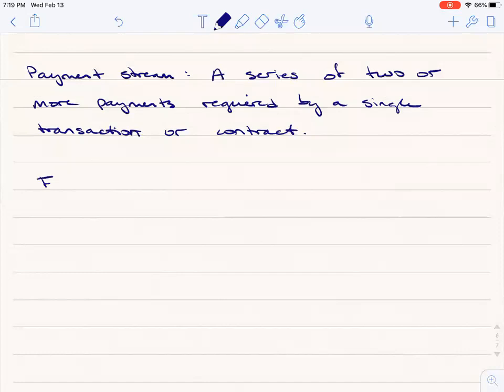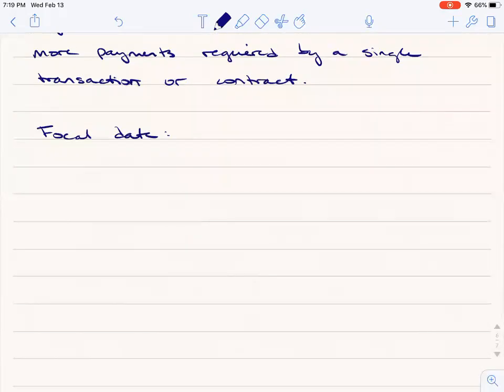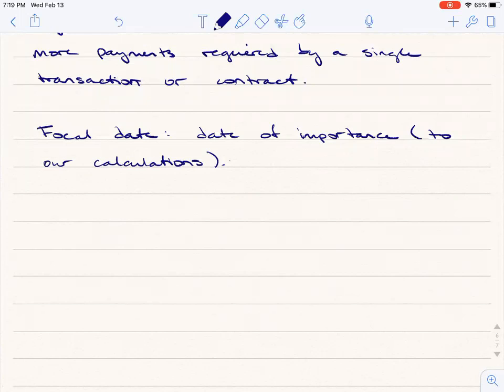We'll also talk about a focal date. The focal date is just a date of importance. And by importance, I mean, I'll just put in brackets, to our calculations. To our calculations. Right. On timelines, our arrows get drawn to the focal date.